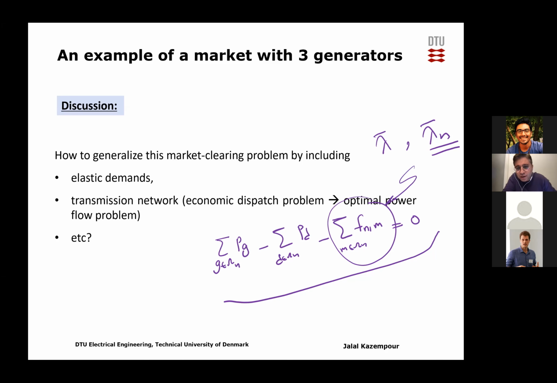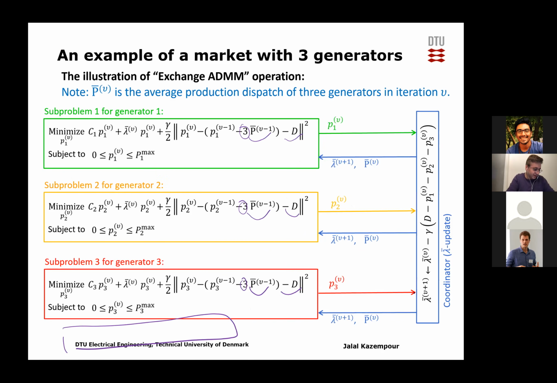So now the subproblem of the transmission system operator will get a penalty term as a function of f and m. So now with exchange ADMM, the subproblem of the transmission system operator is also quadratic because we add a penalty term for that. Is it clear?